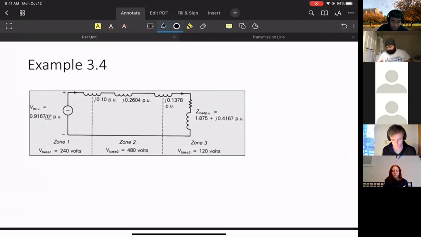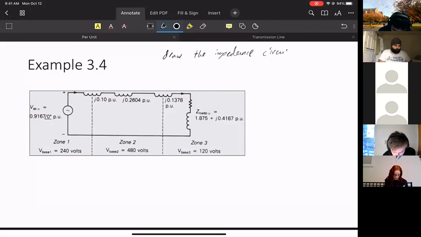Our goal is to draw the impedance circuit and find the load current. So we'll draw the circuit and do some calculations in the circuit.